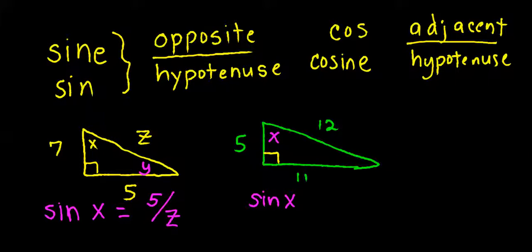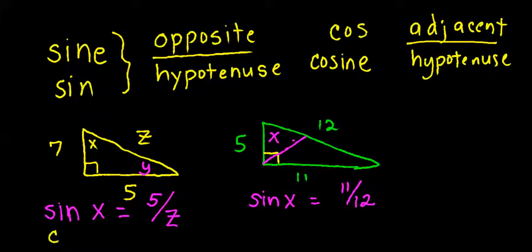That's going to be 11. The opposite side is the one that does not touch. And the hypotenuse, of course, is always the side that is the opposite of the right angle. So if this is the right angle, I shoot straight over here, I see my opposite side, which is 12.